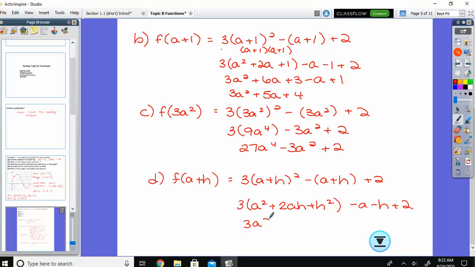So you end up with 3a squared plus 6ah plus 3h squared minus a minus h plus 2. Definitely easiest if we just have to plug in a number, but we can get answers when we are just evaluating by plugging in entire expressions. Any questions there?